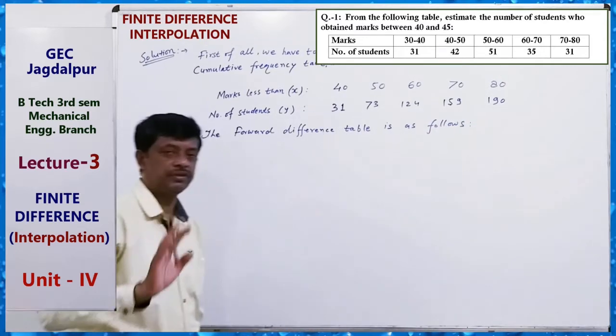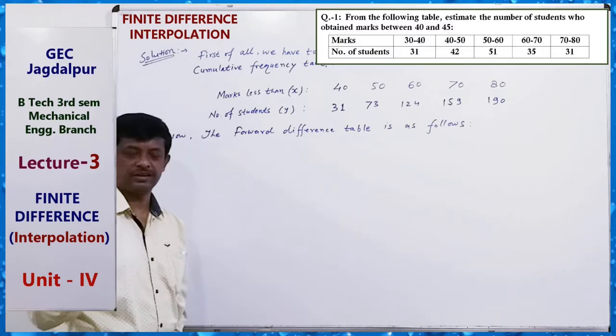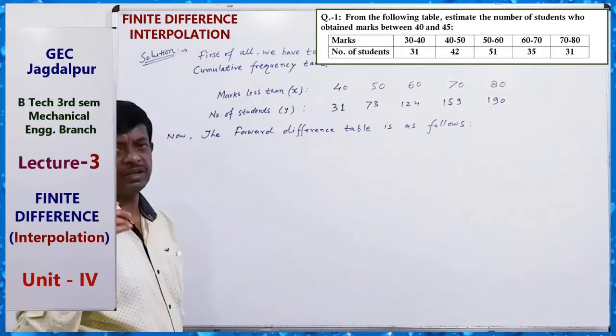For all three differences, forward, backward and central, the table preparation method is the same.